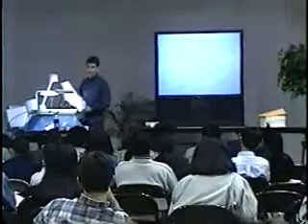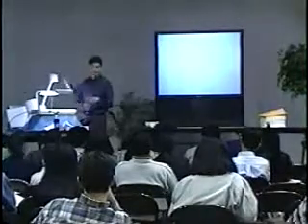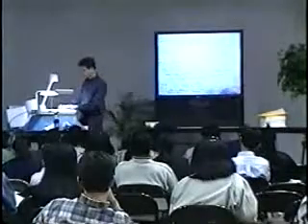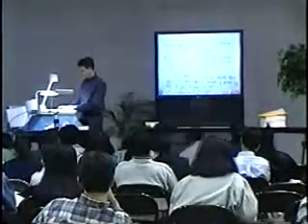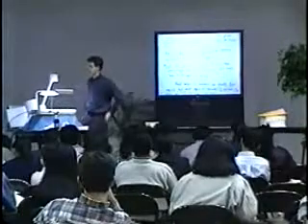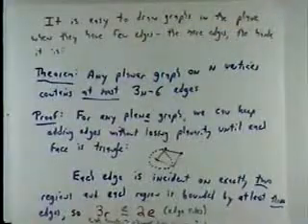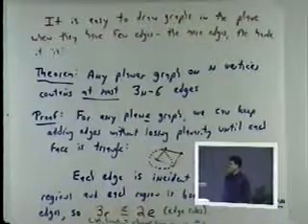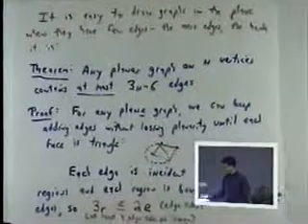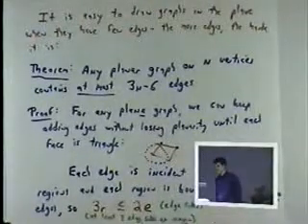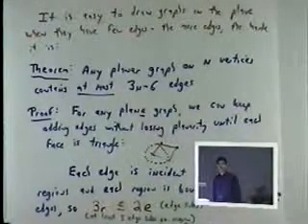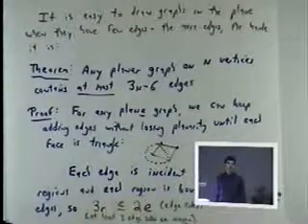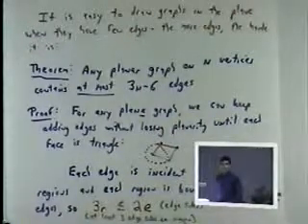But let's see if we can actually quantify this. And of course we don't have to, because Steve already did it for us. As he said, it's easy to draw graphs in the plane when they have few edges, intuitively, and the more edges, the harder it is. So we have this theorem that any planar graph on n vertices contains at most 3n minus 6 edges.